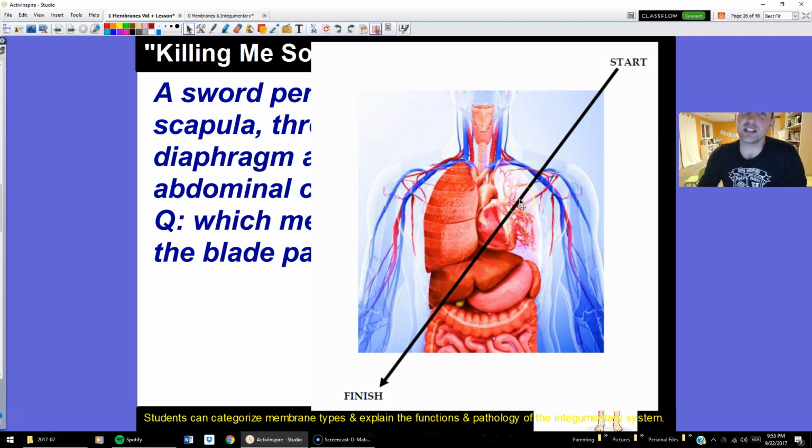There's a whole bunch of structures inside each lung that is open to the outside, like an open body cavity. Those are called bronchi or alveoli inside your lungs. Then it passes through this side of your lung, through your heart, through this side of your heart. So I think this is a really good activity to make you think critically about which membranes are actually present there. And there's lots and lots of membranes. It's amazing how complex the human body is, all the way out until it exits your body on this side. So go for it. And I'll see you guys in class.